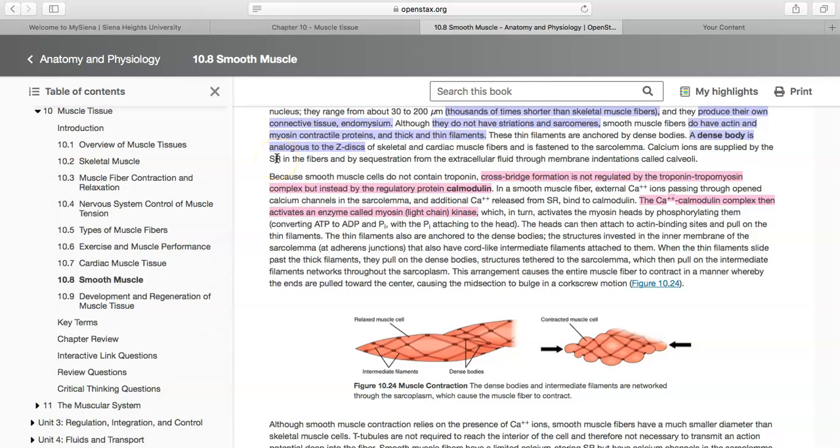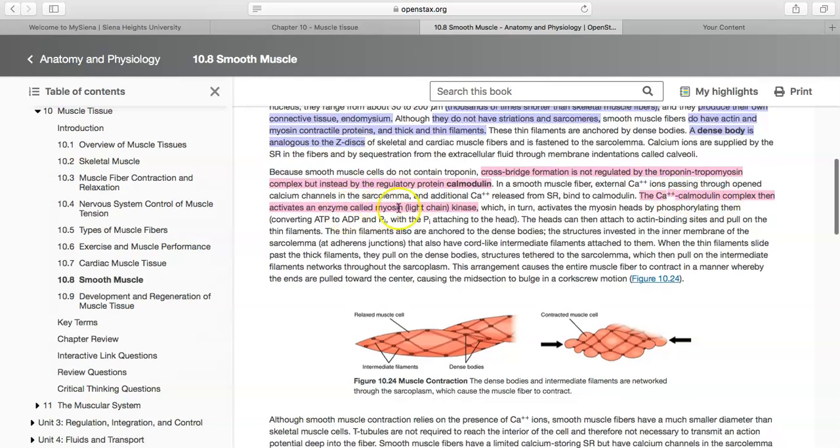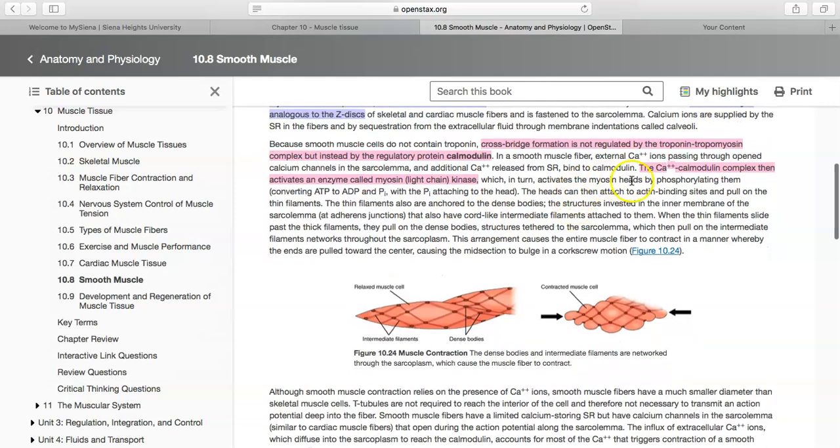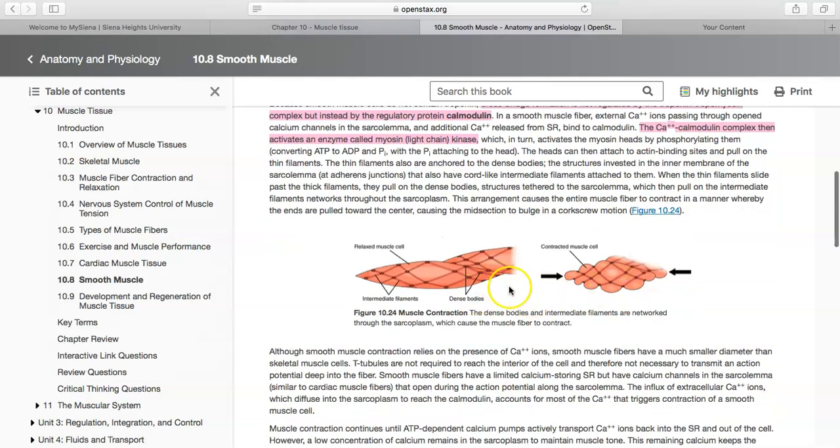Basically, all you need to know is that when calcium ions bind calmodulin, it activates an enzyme called myosin kinase, which basically activates the myosin heads by phosphorylating them. Basically that means use ATP to break that high energy bond. And then that allows for the heads to attach to the actin binding sites and pull on the thin filaments. And basically that's how the muscle contraction works.